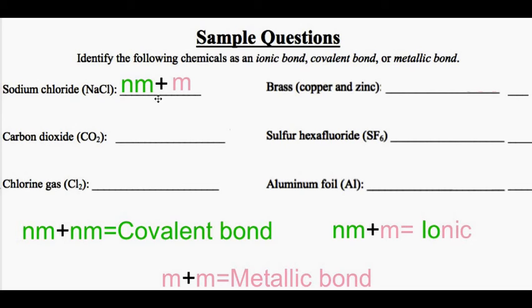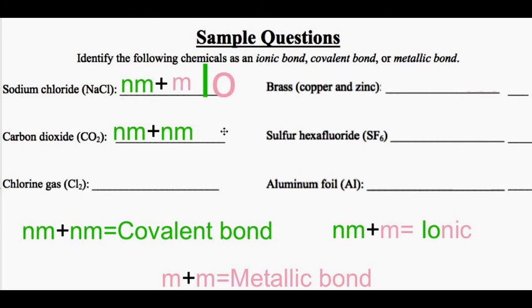All right, sodium is a metal and chlorine is a nonmetal. And so then you would end up with an ionic bond. Good job. All right, go to carbon dioxide, which is carbon and oxygen. Find those on the periodic table and come back and check again. Both are nonmetals.